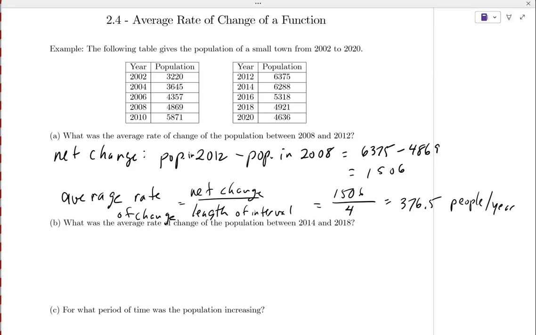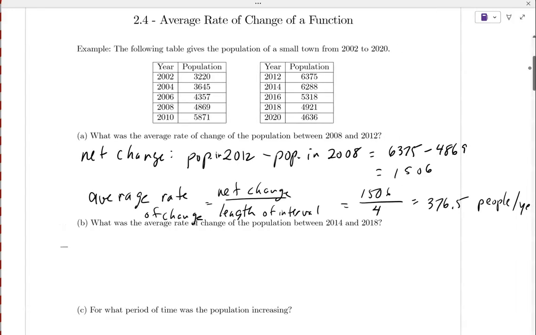So if you wanted the average rate of change between 2014 and 2018, what would you compute in this case? Vivian? Okay. And then we divide that by. So how many years are between those two? 4, yeah.